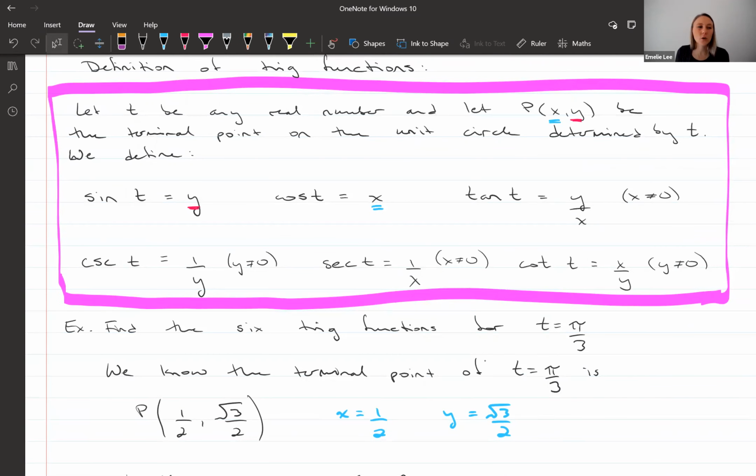if I'm in quadrant 3, for example, then my x is negative and my y is negative, right? So then my tangent would be a negative over a negative, which would be a positive value. So that can get really tedious to figure out, okay, well, if I'm in quadrant 2, for example, then my x is negative, but my y is positive, so then my tangent would be negative, right?